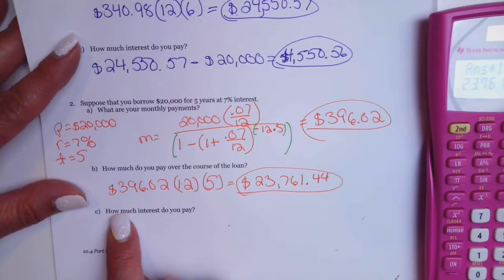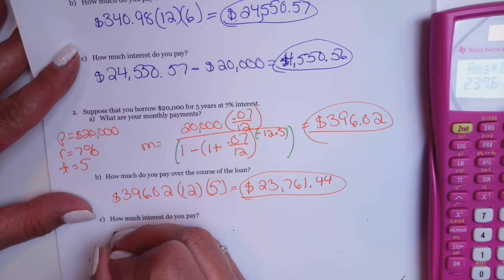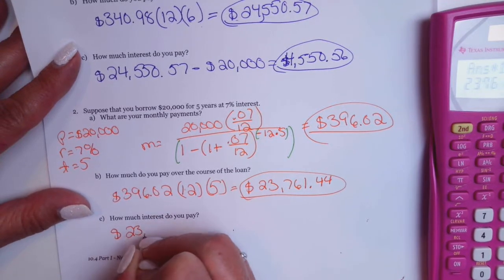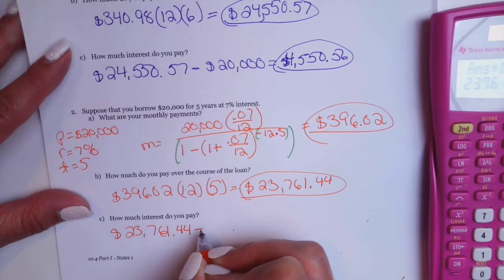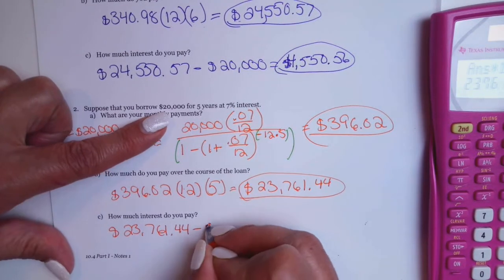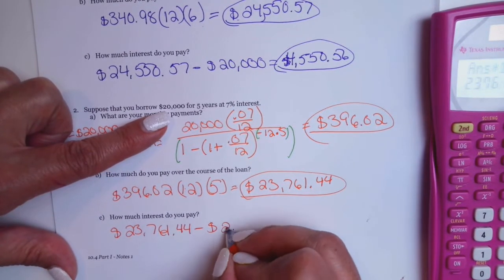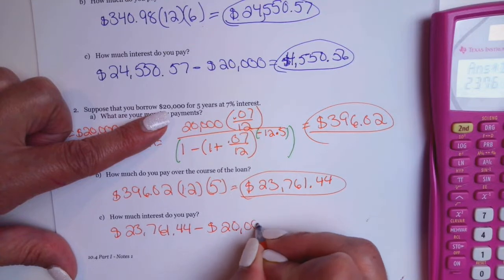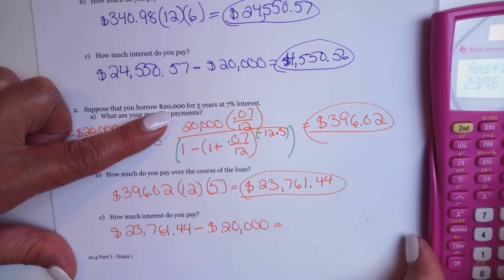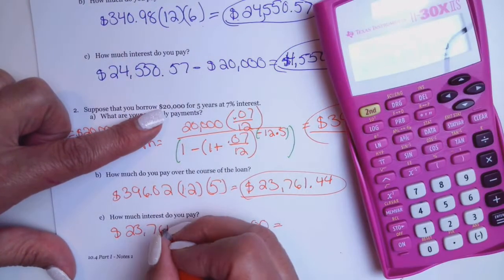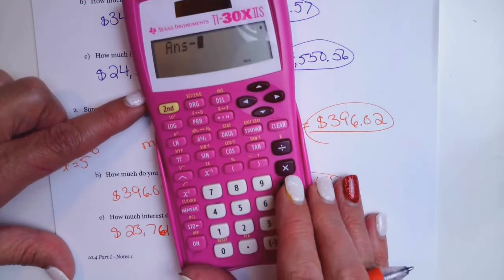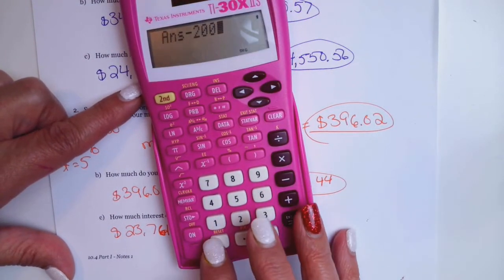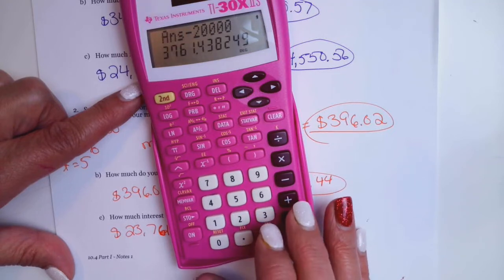Next, how much interest do you pay? So $23,761.44, and we are again subtracting the amount that we loaned from it, minus 20,000.